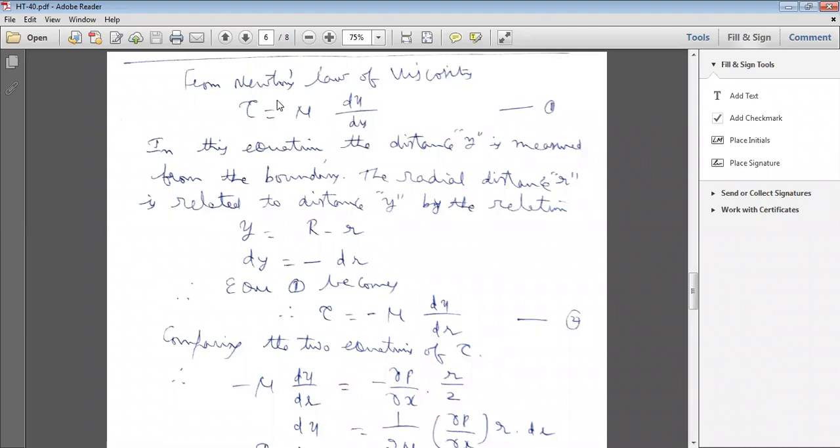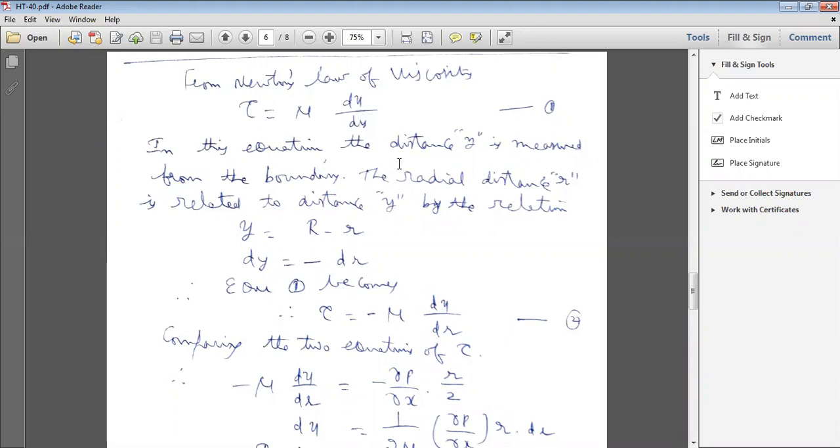The other equation from Newton's law of viscosity is tau is equal to mu into du by dy, where tau is shear stress and mu is the dynamic viscosity. du is the variation of velocity in the y direction, and dy is a small distance at any value of y.